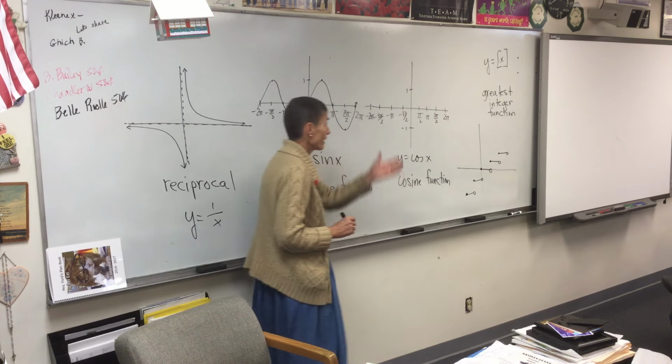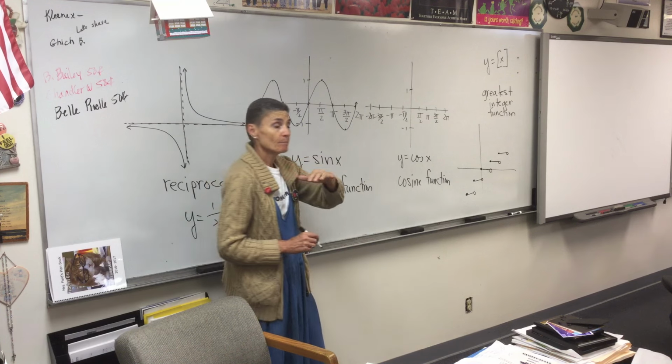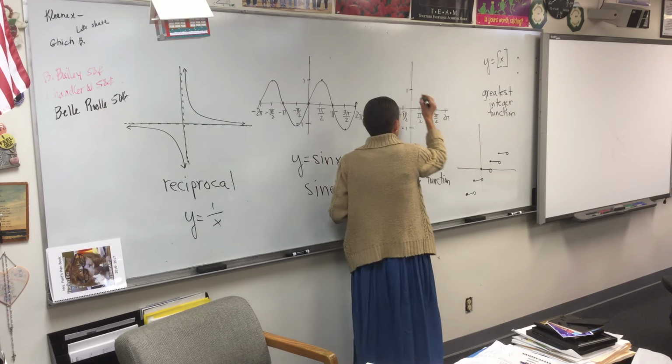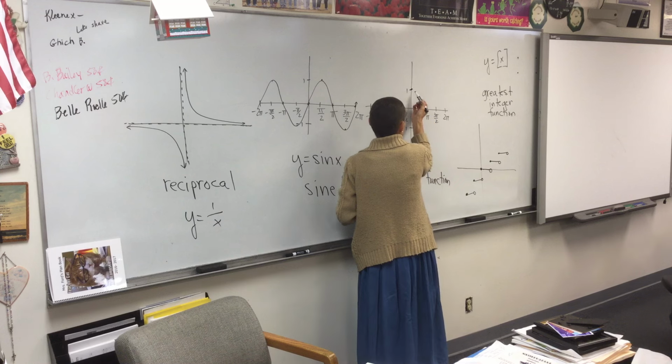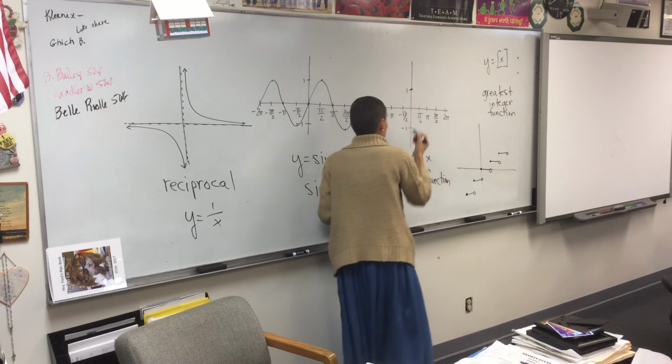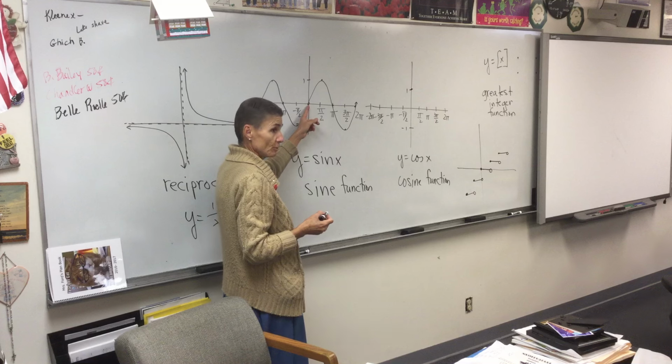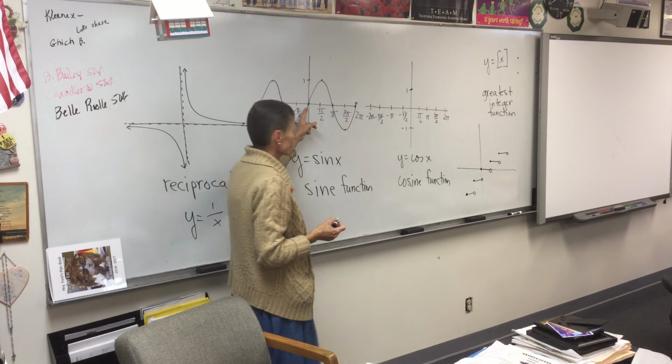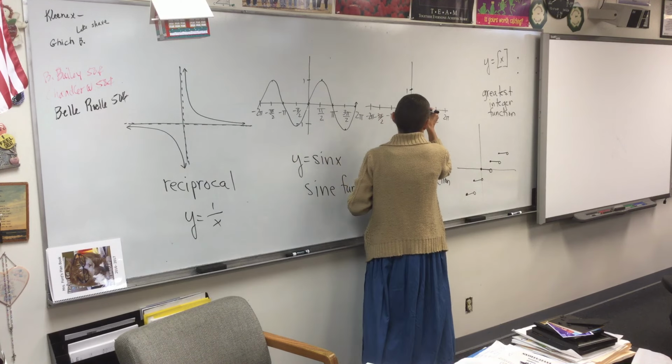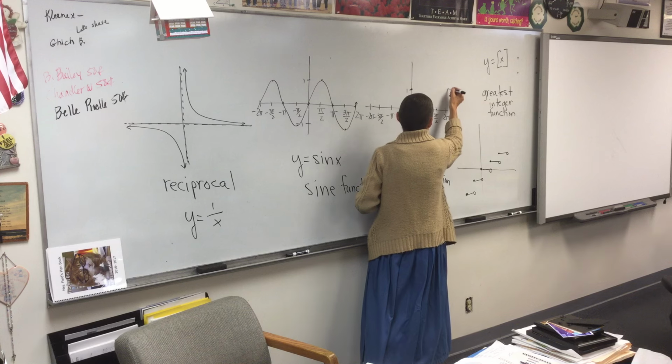Now the cosine's going to have those hills and valleys, but here's the difference. First dot goes up here. Remember when you did your sine, you put your first dot here? Your first dot goes up here, and then you have dots just like before.